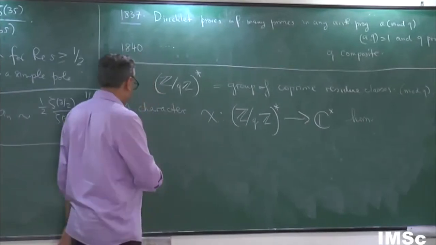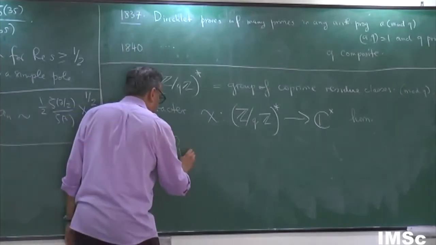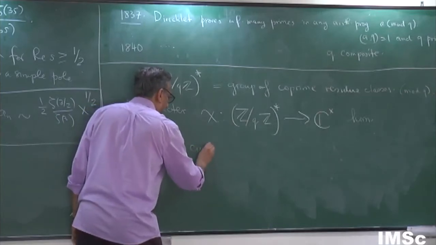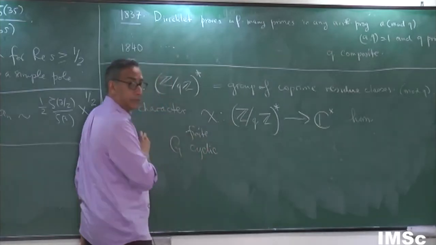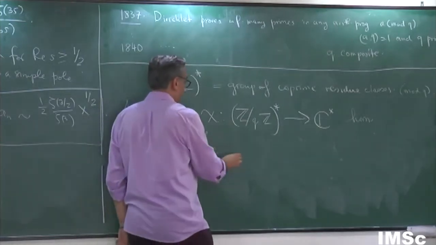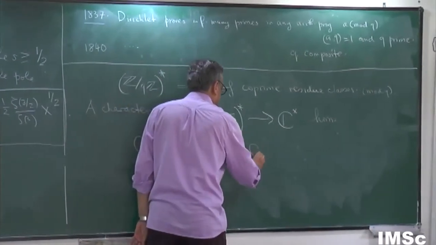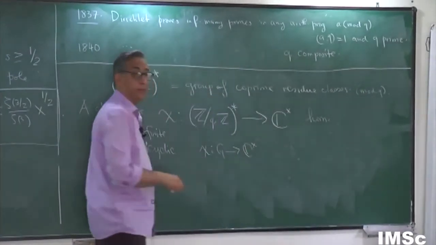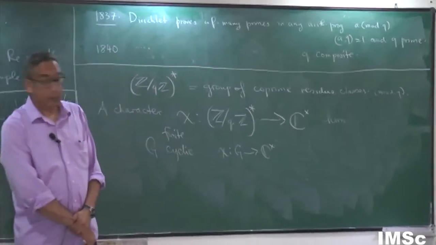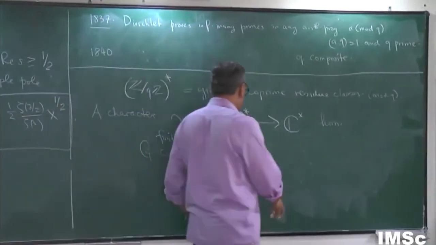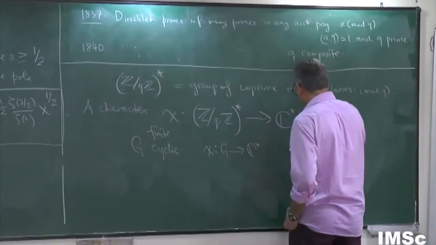So if I had a cyclic group G, by the way, these are all finite groups, a homomorphism of a finite cyclic group is easily determined by the following procedure.